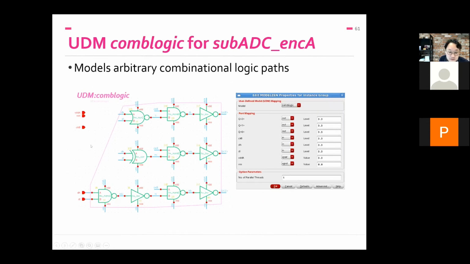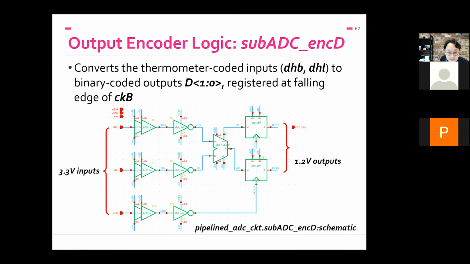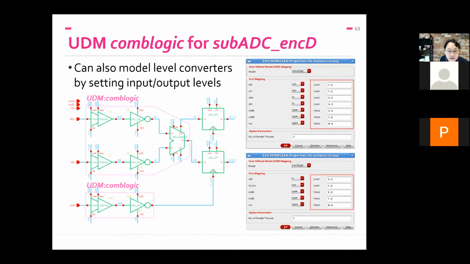So you can just group the whole thing, and it will figure out the combinational logic between these inputs and outputs, and build a lookup table between them. You can do the same for the second encoder. And it's possible to specify different levels, like different voltage levels for the inputs and outputs, which means that it can also cover level converters, which propagate digital information while translating between different analog levels.